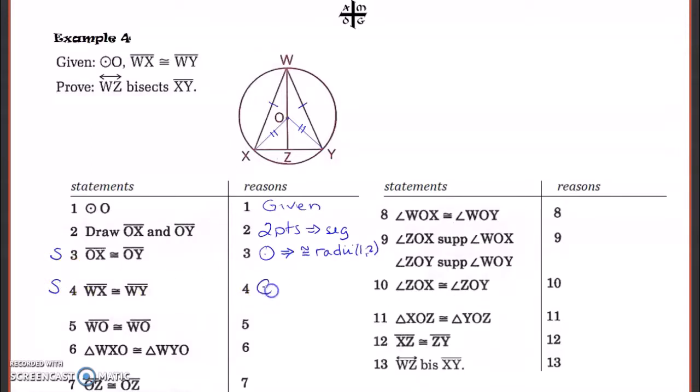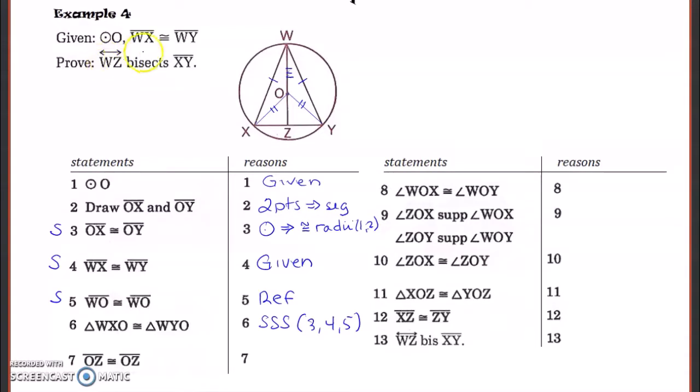We were also given the WX and the WY, and I started marking those immediately. And then we have WO is congruent to itself by the reflexive property. So now we can say the triangle is congruent by side, side, side. 3, 4, 5. And I mean triangle WXO is congruent to WYO.